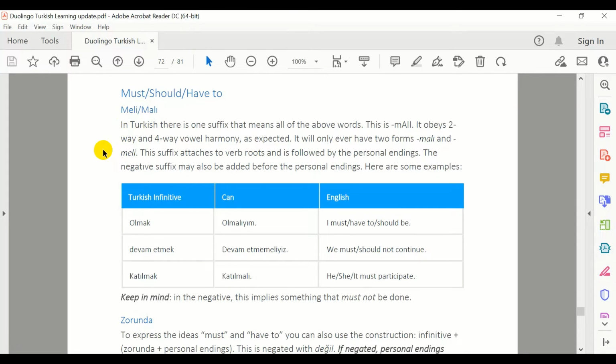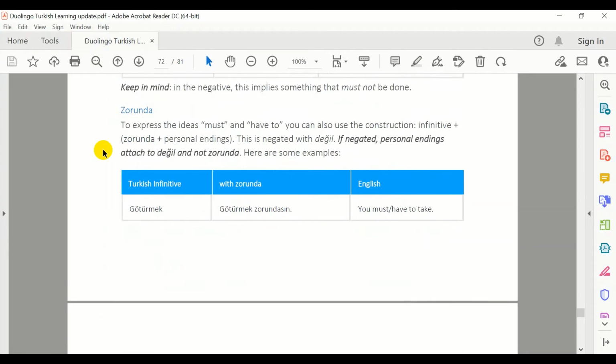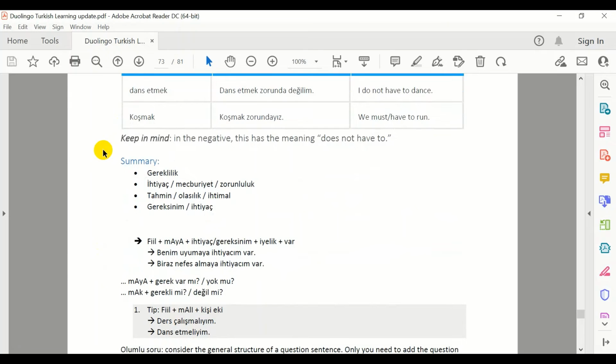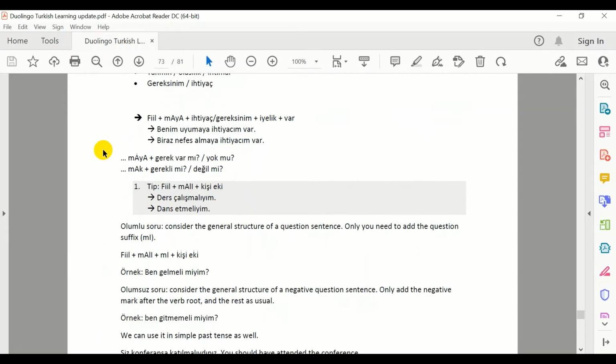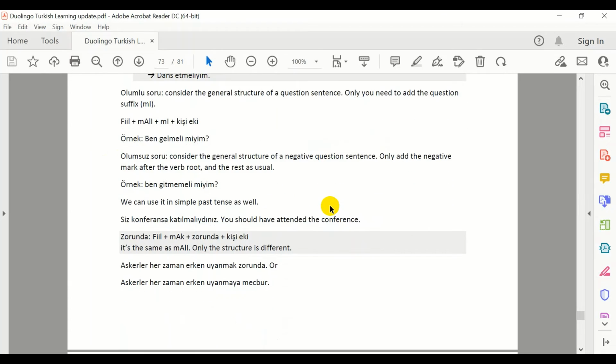In order to be familiar with different texts, let me explain some changes. Birinci tip, first type. We have already discussed this, how to use the suffix malı or meli. You already know that. Zorunda, also you know that.